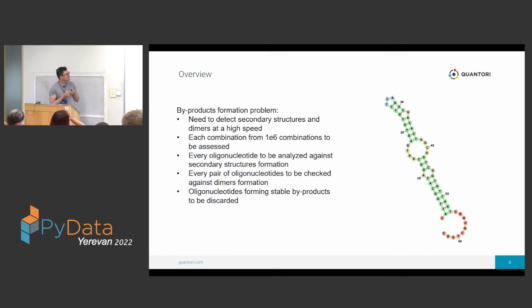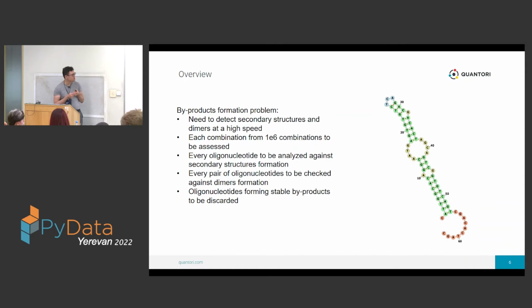On the right side, we can see an example of a secondary structure. This is a self-folding of a DNA sequence. So what is the essence of the problem? We need to detect those structures at high speed because the number of combinations we need to consider is quite huge.